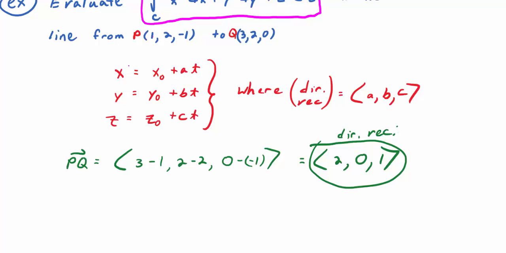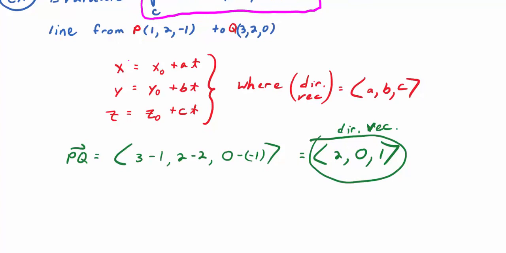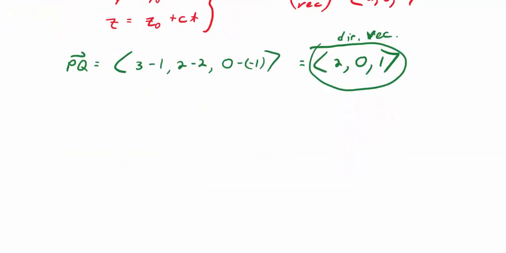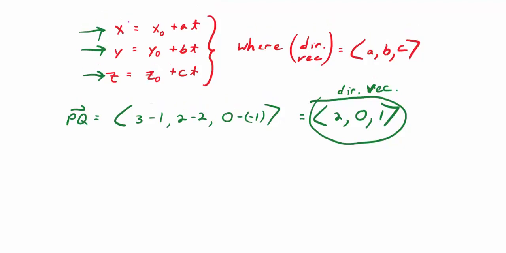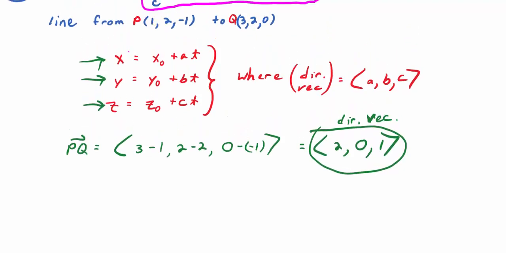Does that look familiar to you? It's supposed to be a V there. Yeah? Okay. So let's come up with the parametric equations then. You're basically filling in these guys, right? Let's use this point, 1, 2, -1, as my x naught, y naught, z naught.